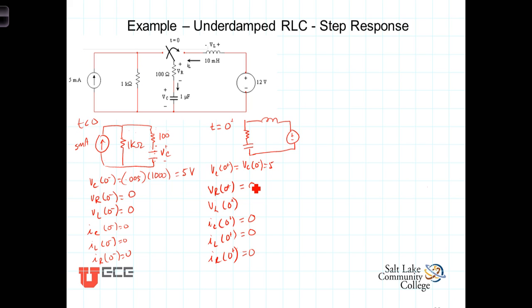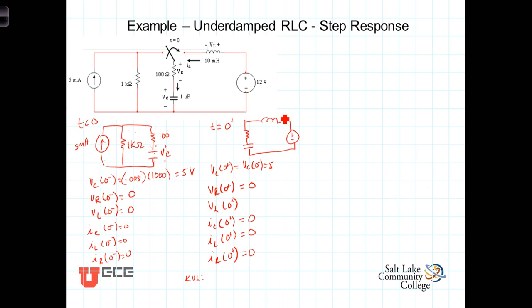Now we have to determine how we can find what the voltage across the inductor is right after the switching. To do that, we're going to write a voltage loop equation. Let's just start here.